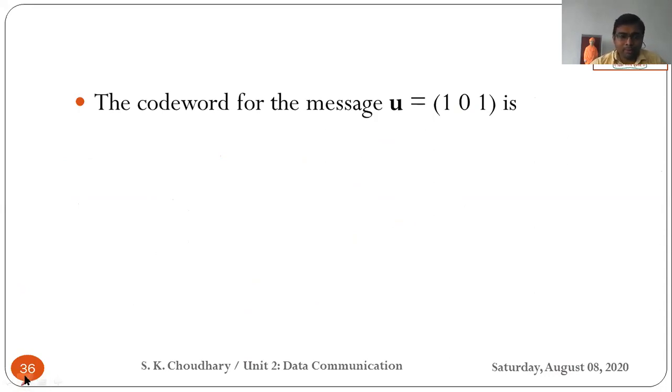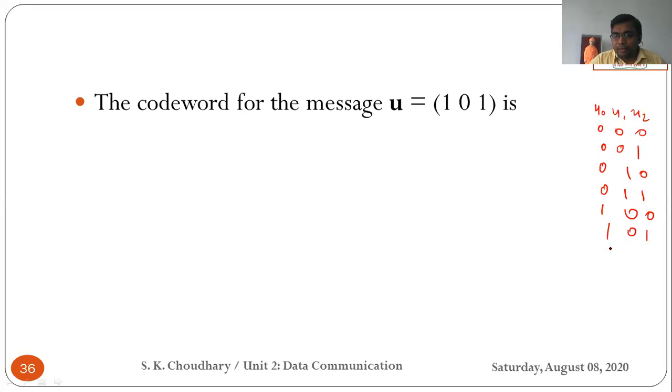If you see 3-bit data, how many values of U are possible? It would start from U0, U1 and U2. So there are 8 possibilities. There are 8 possibilities like this. I am writing here.